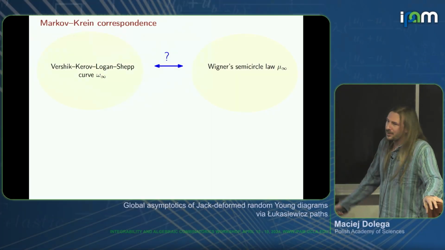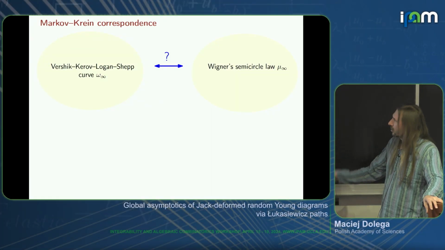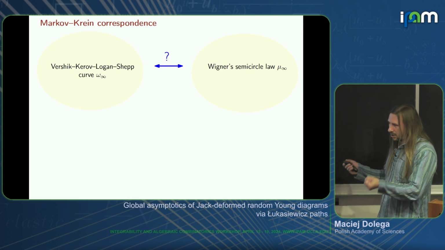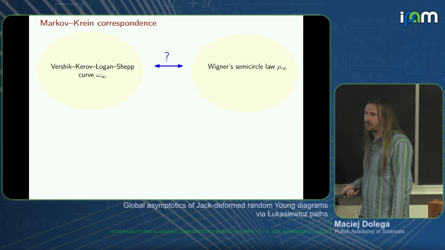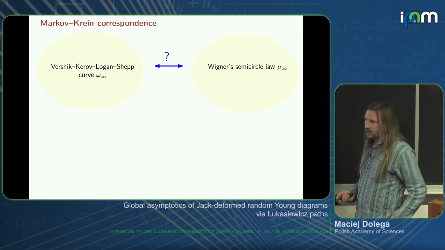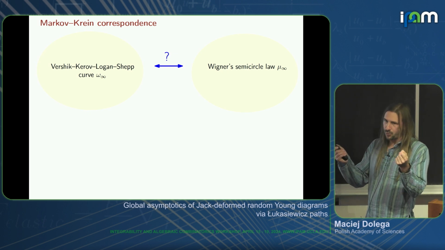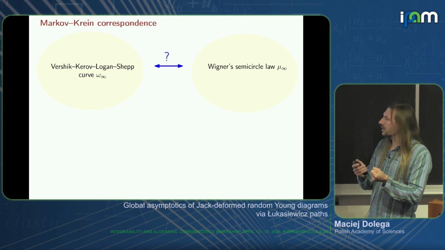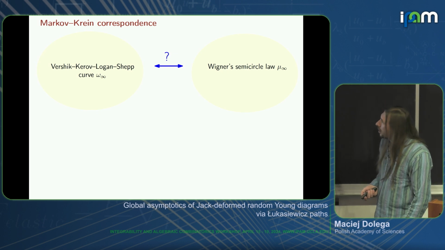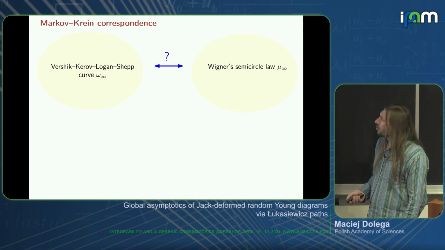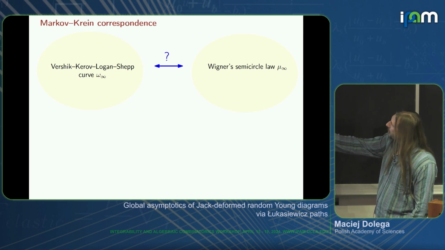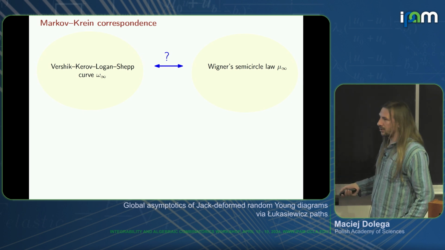Okay. So now a little bit about the method, and also this is where combinatorics appears. So first of all, how you can work with this sort of problems. So there is a very nice method which allows you to translate problems about random Young diagrams into problems about random probability measures. So it turns out that there is a correspondence between the Vershik-Kerov and Logan-Shepp curve and Wigner's semicircular law.